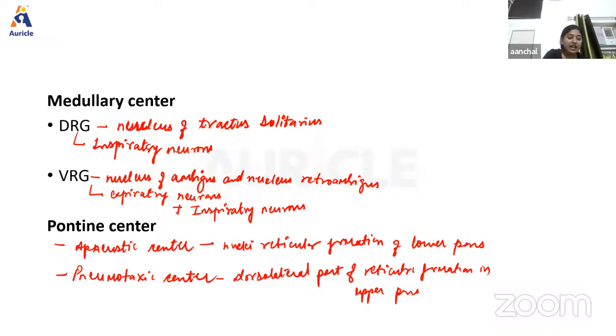It acts through the apneustic center: the pneumotaxic center inhibits the apneustic center so that the dorsal group of neurons are inhibited, and because of this inspiration stops and expiration starts. In other words, the function of the pneumotaxic center is a switch off. Because of this center only, there will be stoppage of inspiration and start of expiration.